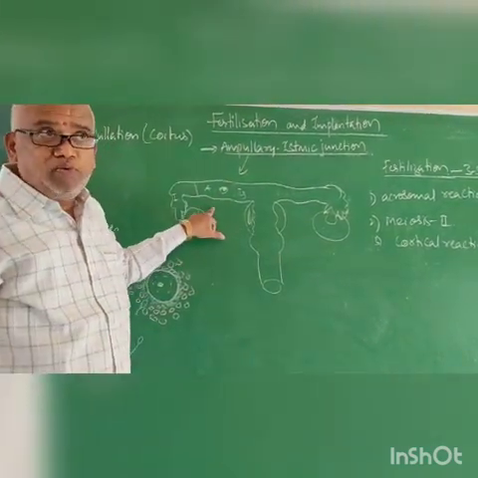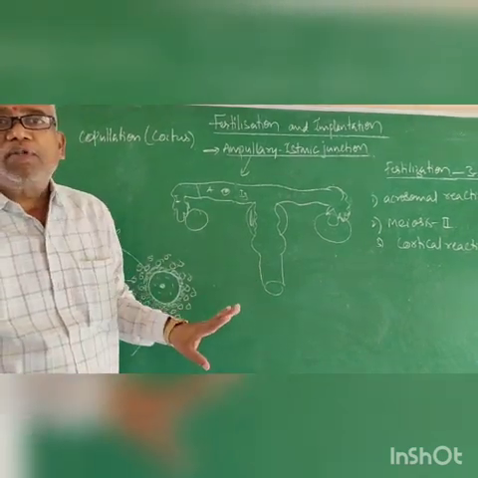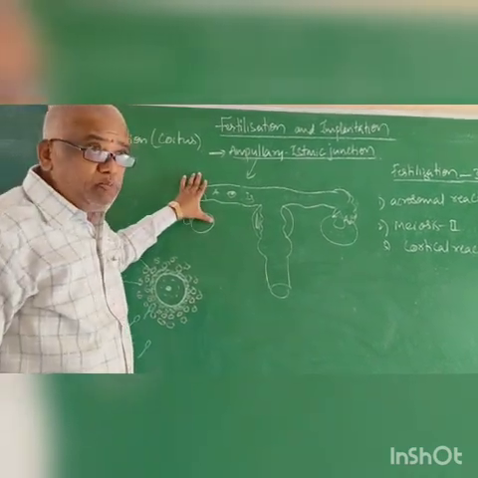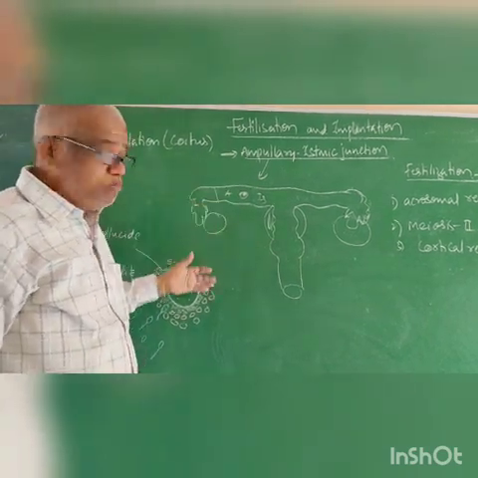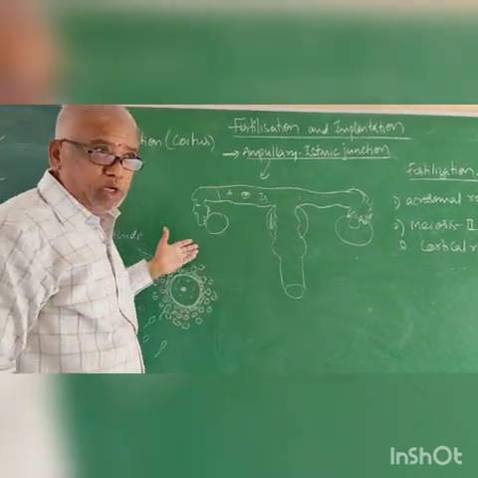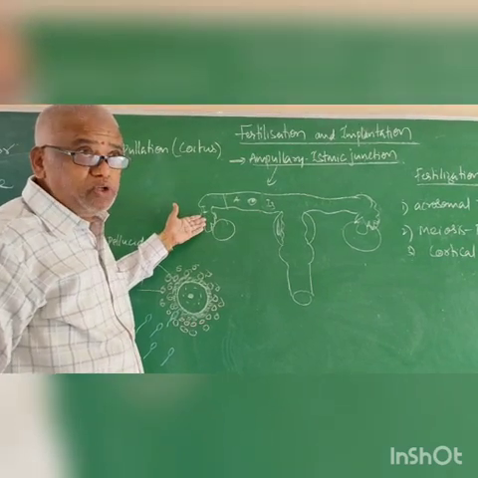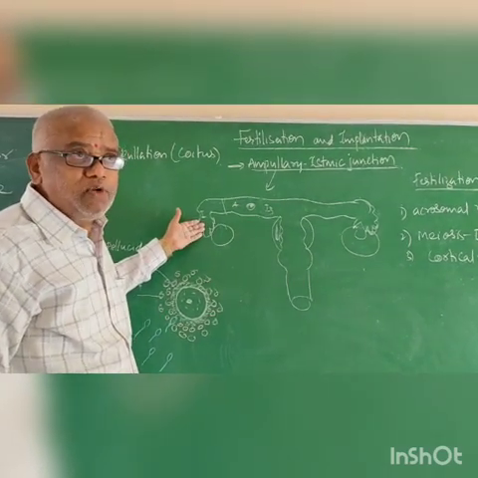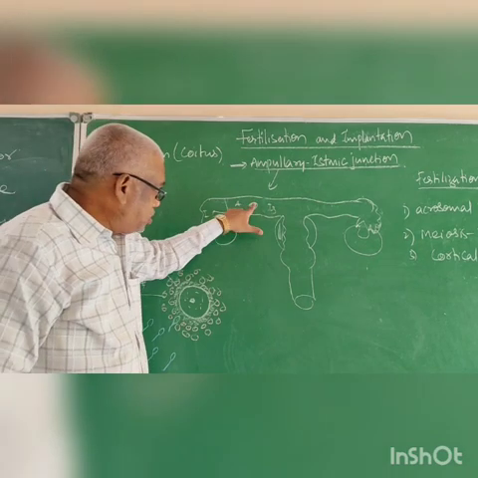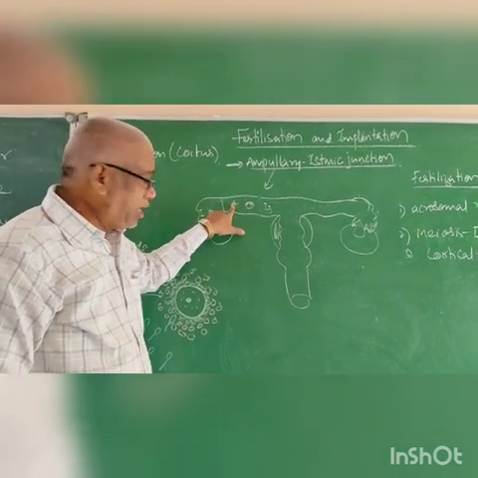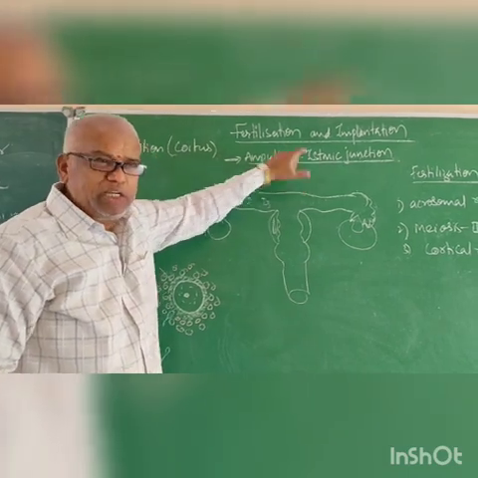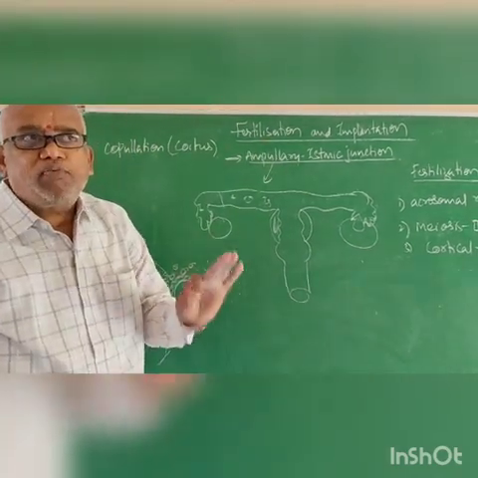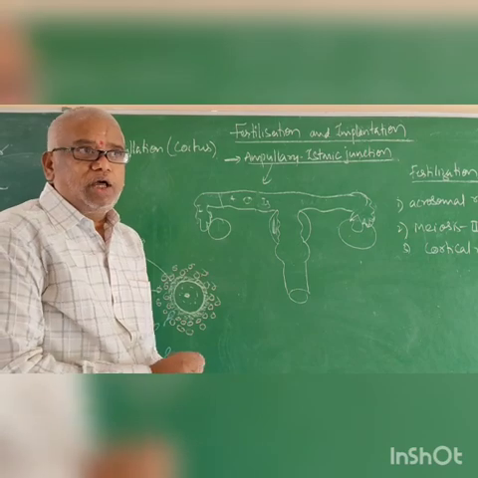If you just write fallopian tube, it will not be given marks, because the entire fallopian tube, including the infundibulum, does not have suitable conditions. It is the junction between ampulla and isthmus, hence called the ampullary isthmic junction. It is the exact location for fertilization.